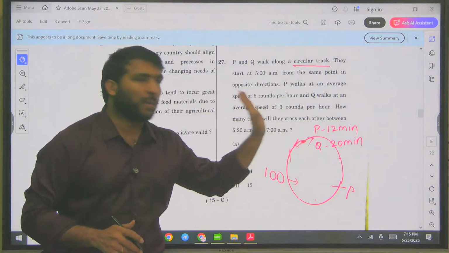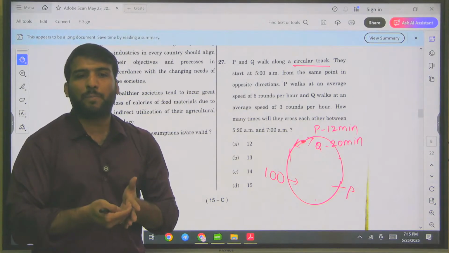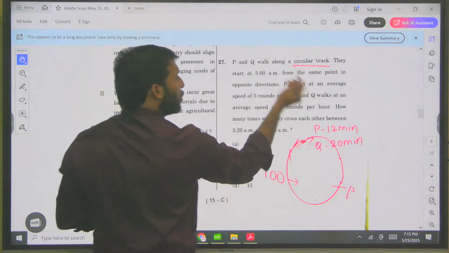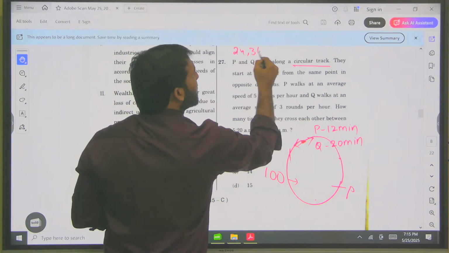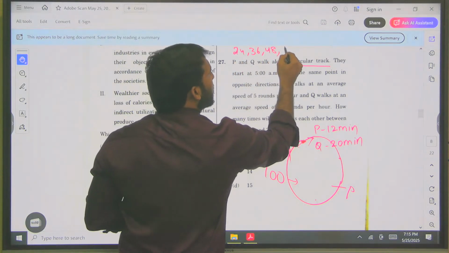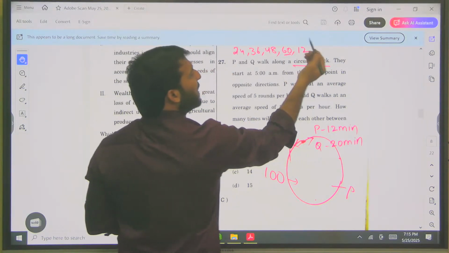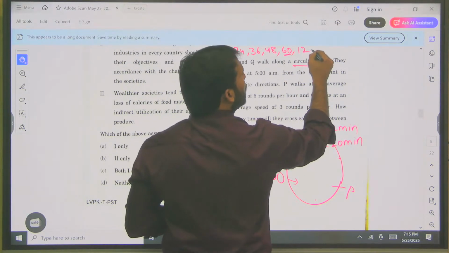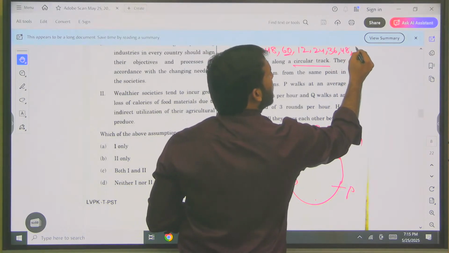If I take 5:12, okay, at 5:24 it will meet, right? Randomly take the time, multiples of 12: 24, 36, 48, 60. That is 1 hour. 12, 24, 36, 48, 60.